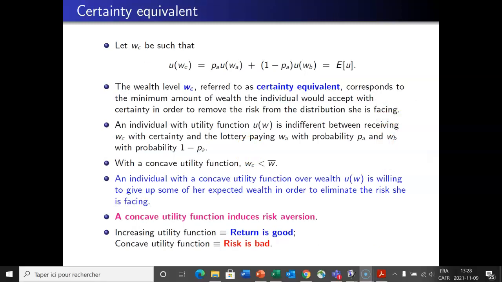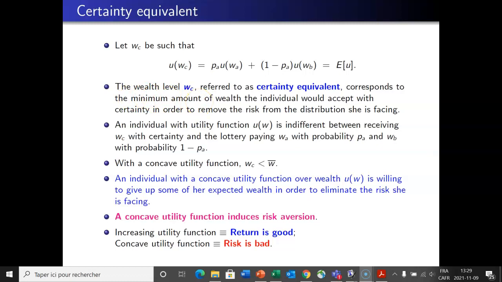Okay, the certainty equivalent. And this is where we will show that return is good, but risk is bad. The certainty equivalent is, take that person facing A or B and give that person WC such that she or he is indifferent between the two possibilities A and B with probabilities PA and PB, or WC. So WC is the certainty equivalent.